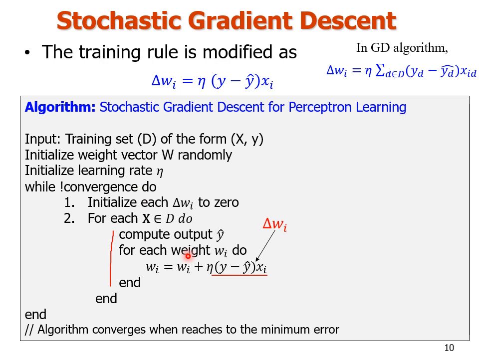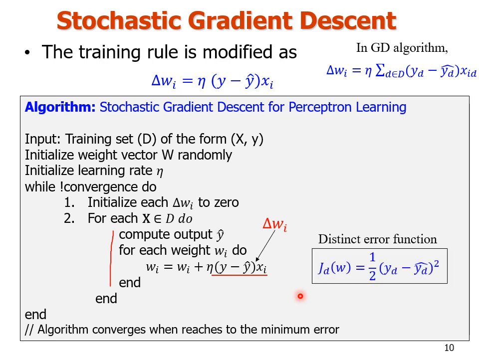I hope you have understood the difference in these two algorithms. So one way to view stochastic gradient descent is to consider a distinct error function J_D(W) defined for each individual training example D. So J_D(W) is equal to half (y_D minus y_D hat) whole squared.